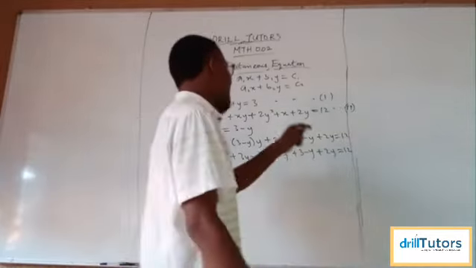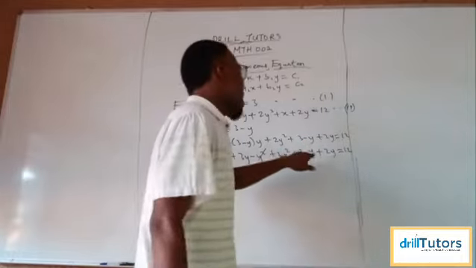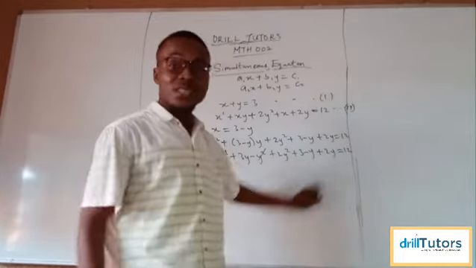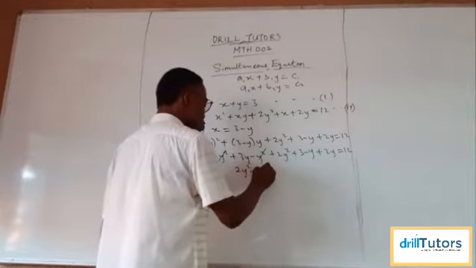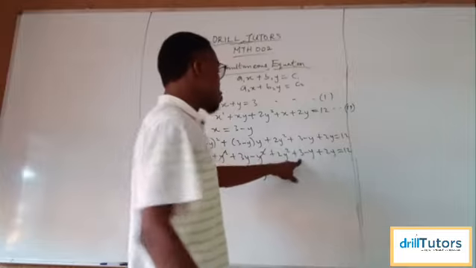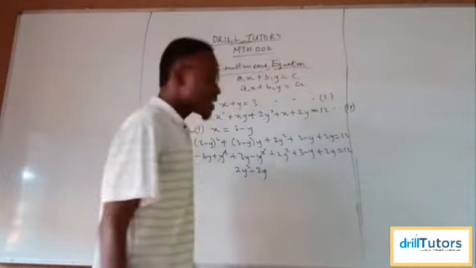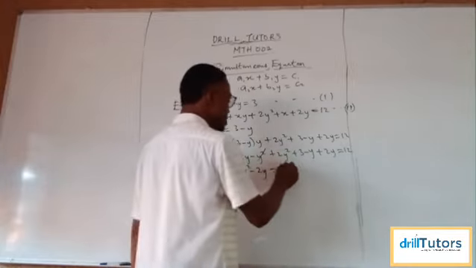Minus 3y minus y is minus 4y, and minus 4y plus 2y is minus 2y. So what we have here is 2y squared minus 2y. Now we have 9 plus 3, which is 12, and 12 going to the other side gives 0. So that implies 2y squared minus 2y is equal to 0.